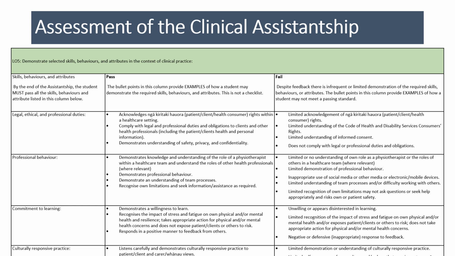A key point just about the bullet points shown within this table in the pass and fail columns is that they are solely provided to you as examples of how students may demonstrate the required indicators. So the bullet points are not a checklist, but they also don't provide a possible example of how every indicator may be demonstrated or may not be demonstrated.